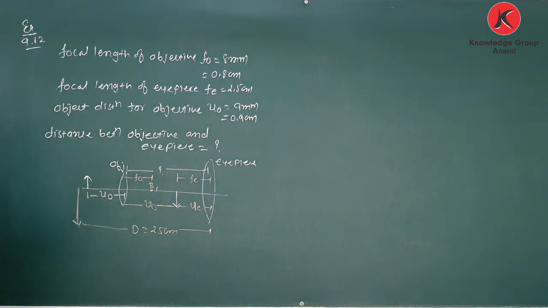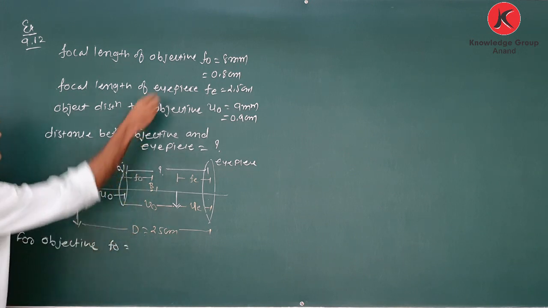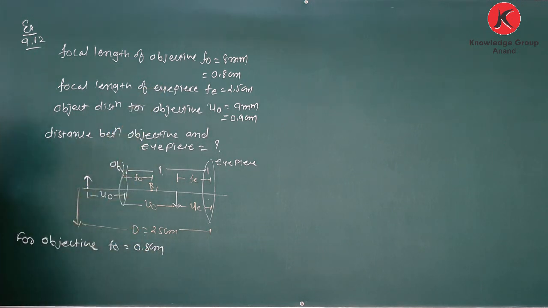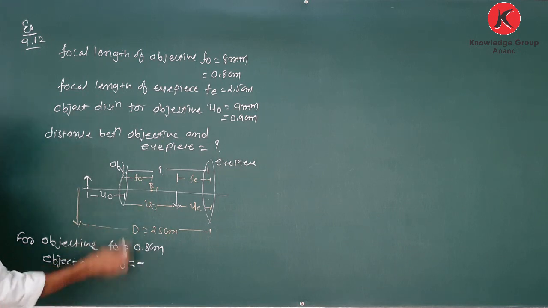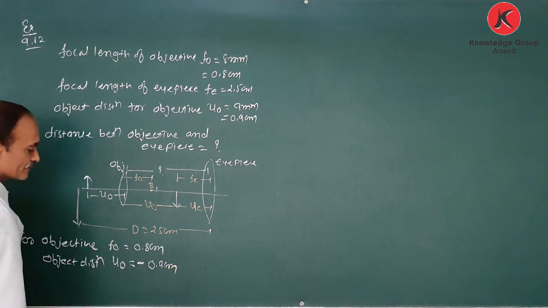Now we first calculate for objective. For objective, F0 is equal to 0.8 centimeter, and U0, that means the object distance, U0 is equal to minus 0.9 centimeter.